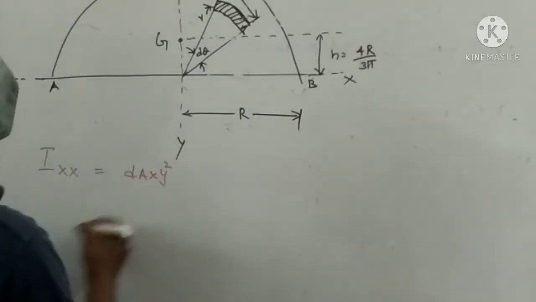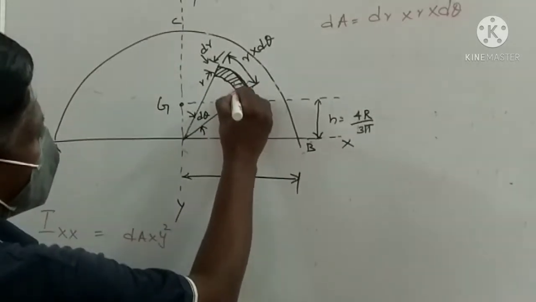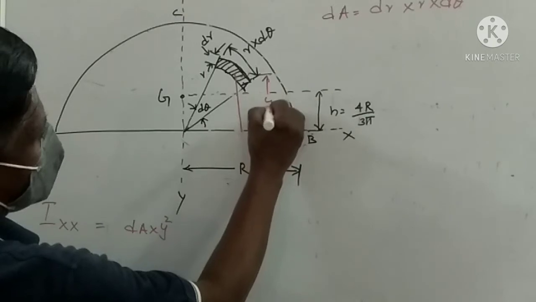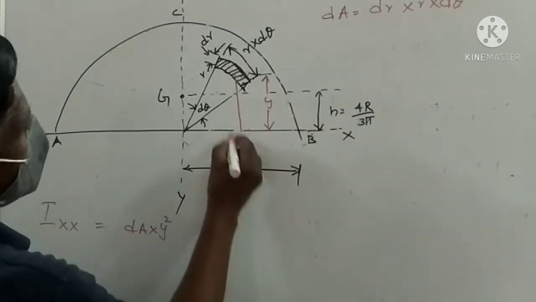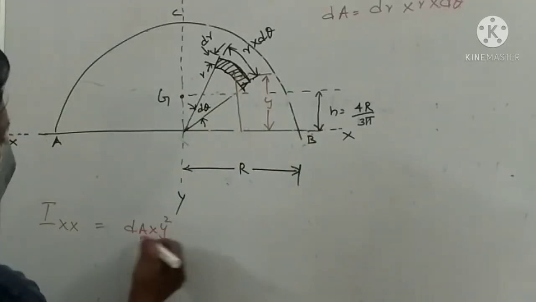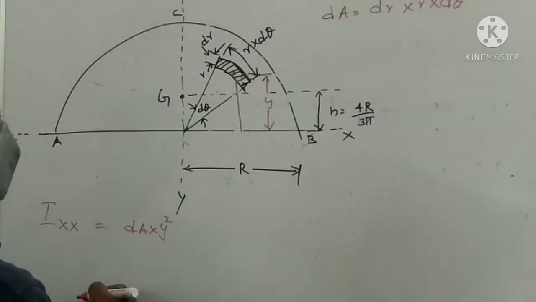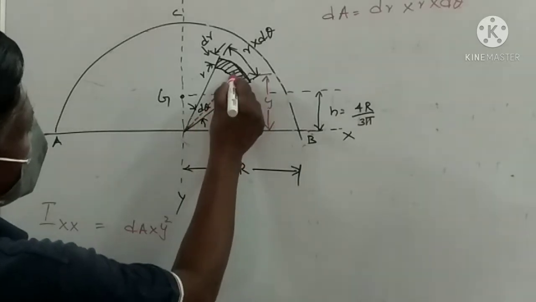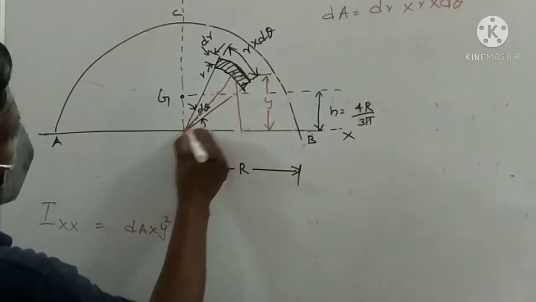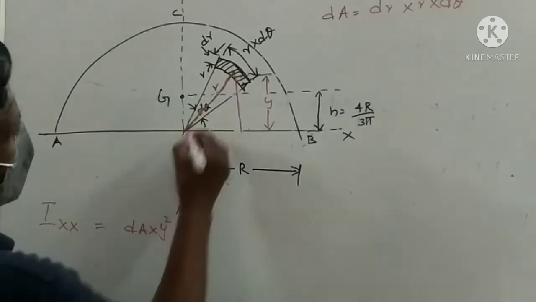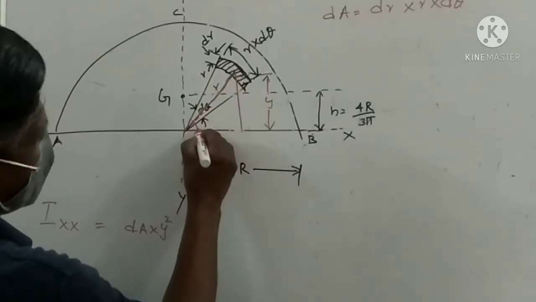Y is the distance from the reference axis to the centroid of this small strip. This distance is very small, therefore this also will be r, and say this angle is theta.